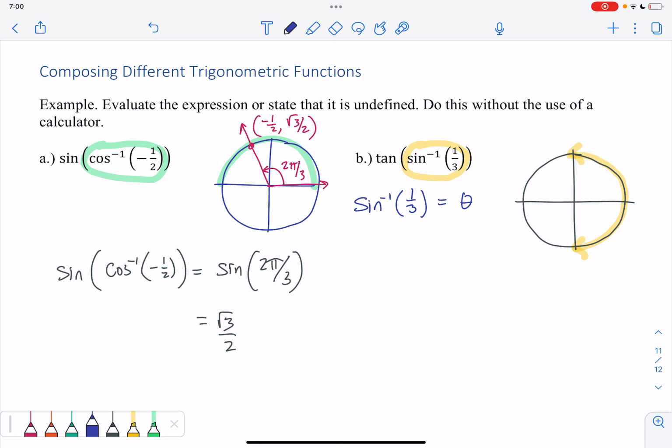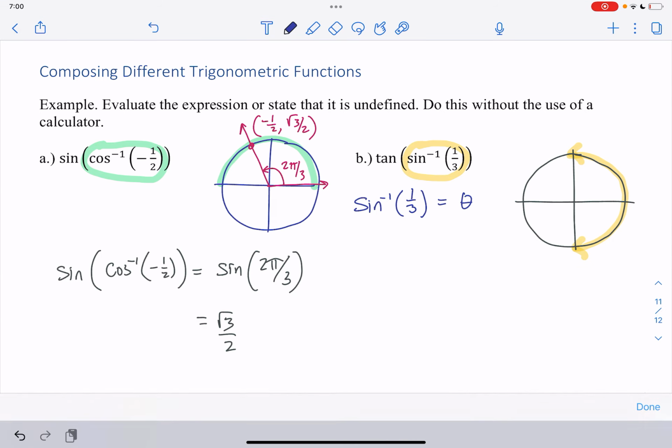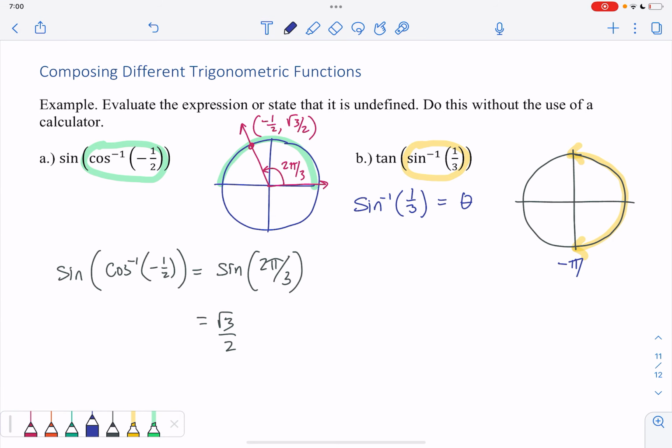If I have that, I know first that theta has to be within -pi over 2 to pi over 2. Okay, and then the sine of theta would have to equal 1/3.